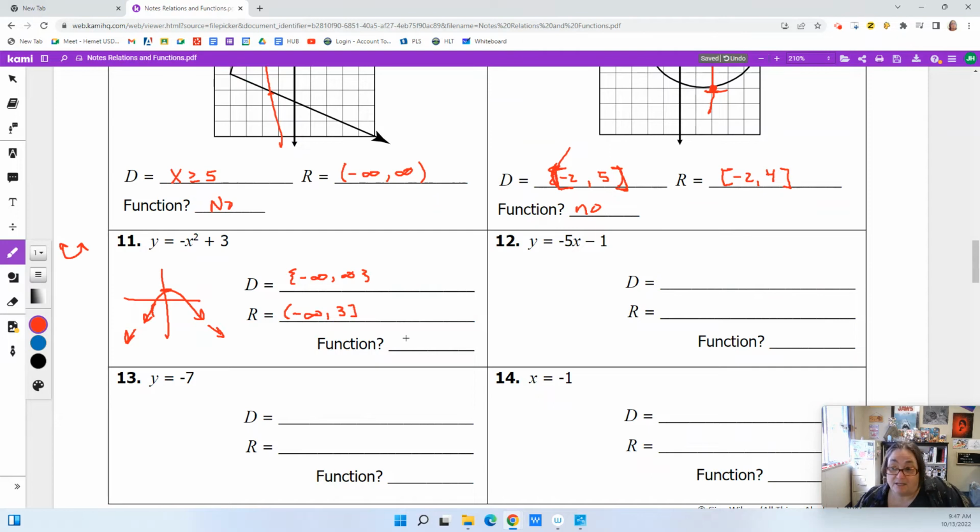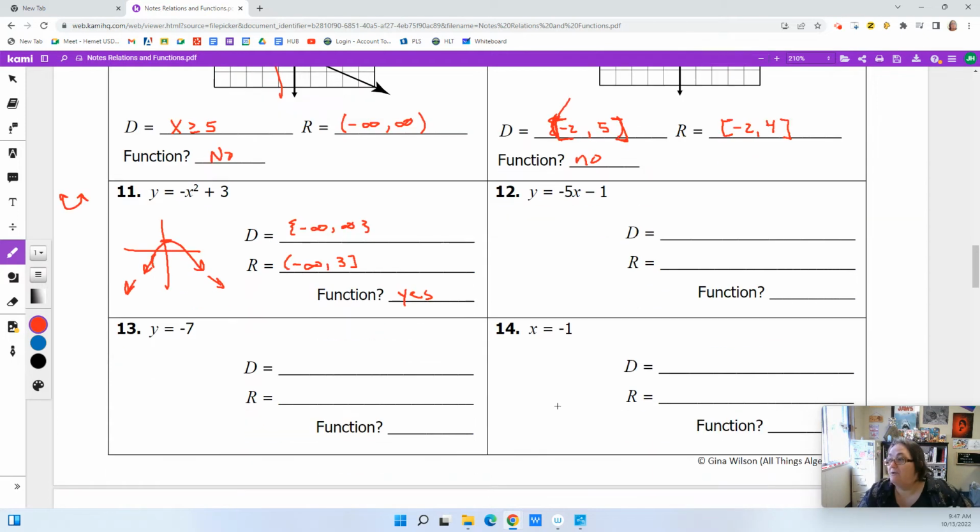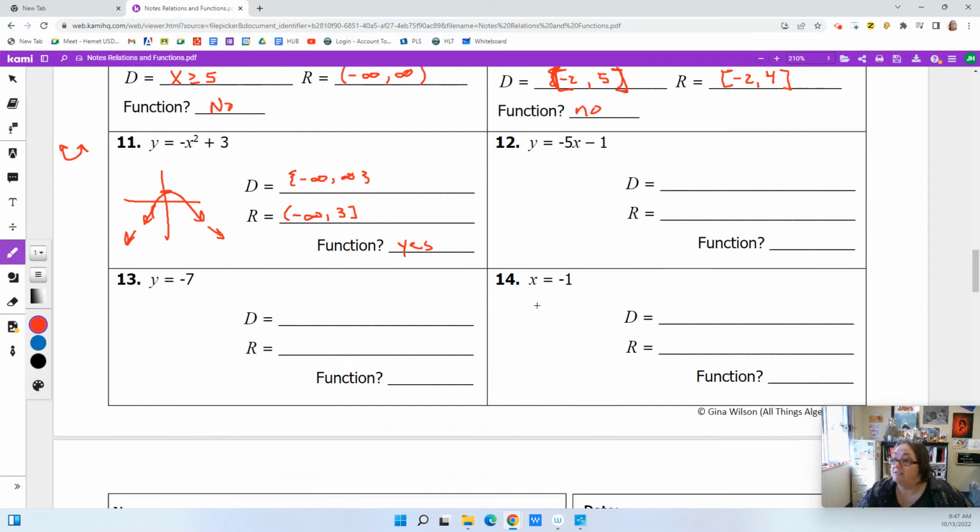And is it a function? Yeah, if we dropped a vertical line in that, wherever I put that line, it would only cross in one place. And so you're going to kind of want to go through problems like this and see y equals -7, right?